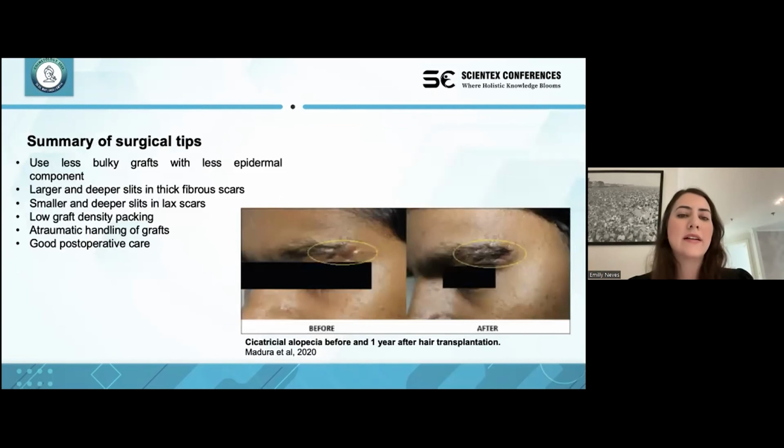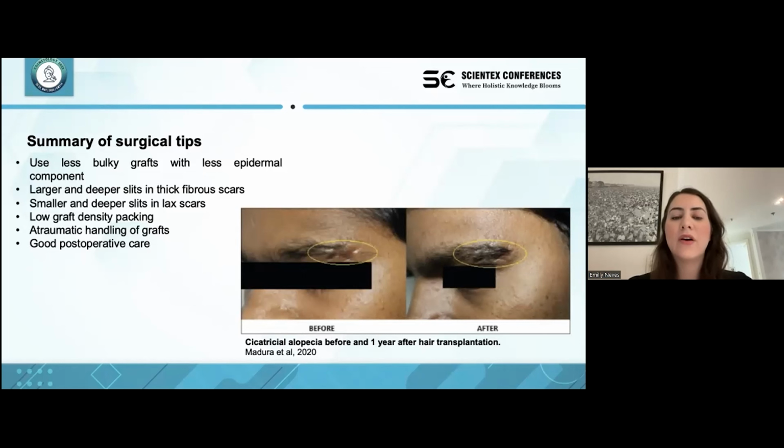And a little summary of surgical tips. We must use less bulky grafts with less epidermal component for a better accommodation of the follicular units in the scarring tissue. Larger and deeper slits can be used in thick fibrous scars, and smaller and deeper slits in lax scars. As I said before, we must use low graft density packing.